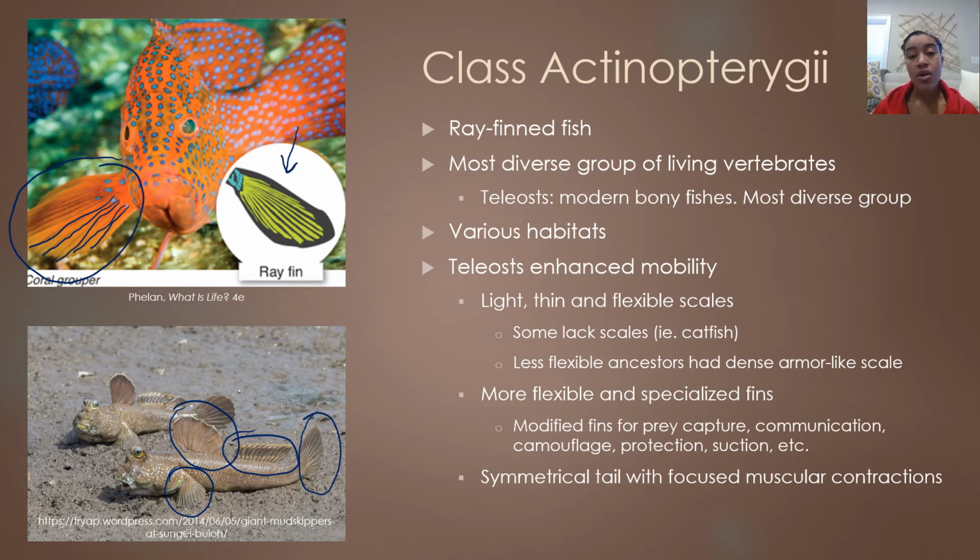We didn't talk about the caudal fin structure very much in cartilaginous fish, but in those cartilaginous fish, they oftentimes have an asymmetrical tail where the top portion of the caudal fin will be longer and thicker than the bottom portion of the caudal fin. But we don't see that in the ray fin fish. And you can take a look at the picture of the mud skipper below to see how their caudal fin is far more symmetrical. And this aids in their ability to swim much faster than a lot of other fish.